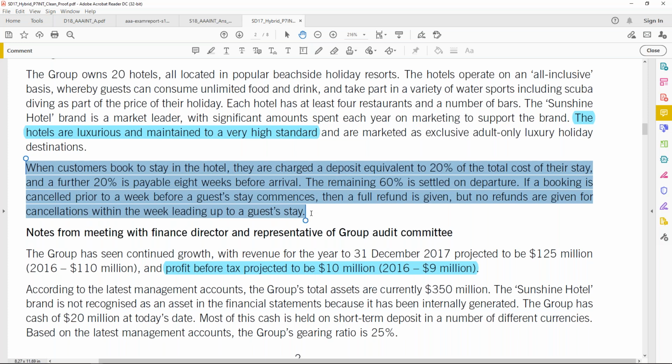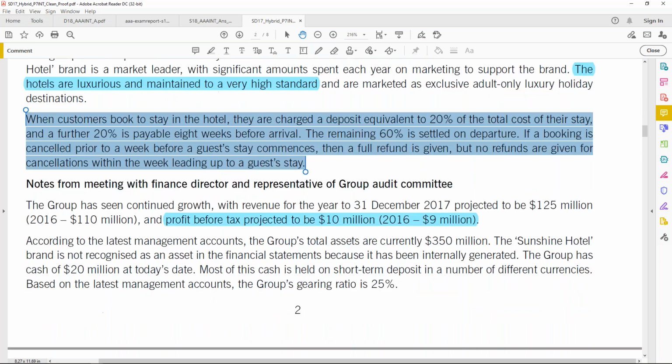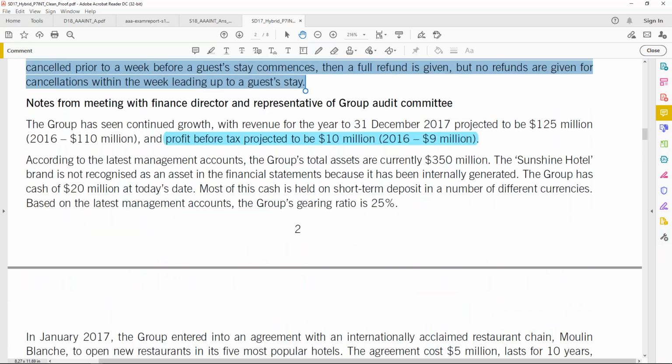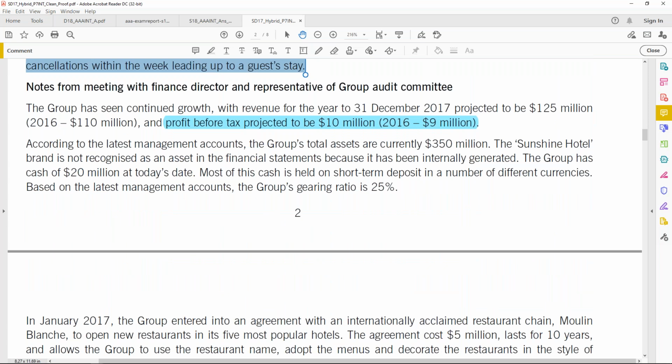I'm coming to the next paragraph, notes from the meeting with the finance director. In the note from the meeting with the finance director, it tells us that the group has seen a continued growth, and the revenue has increased to 125 million. Last year the revenue was 110 million. This year it's 125.